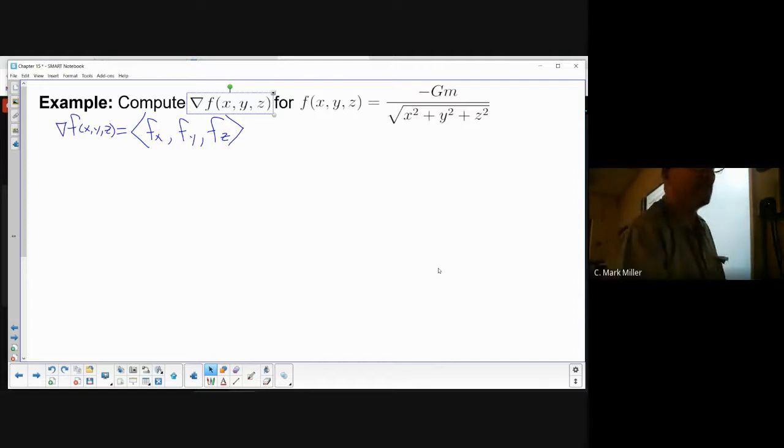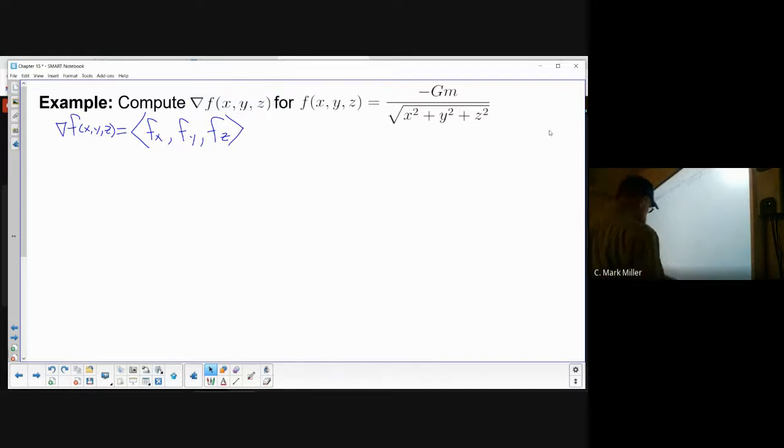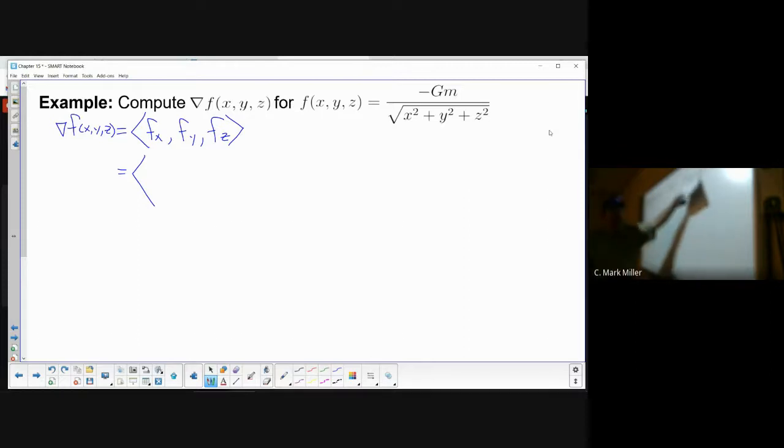Right? And so in this case, fx is the derivative with respect to x of this buzzard up here on the top right. Yeah, here. So you're going to see a pattern, I think.